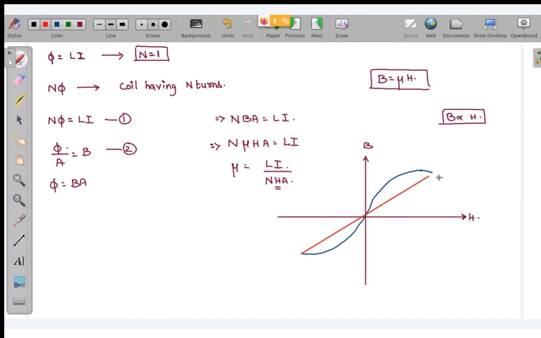So are we remembering the BH curve? 5th semester. So it's actually very difficult because I can't. Now it's correct.